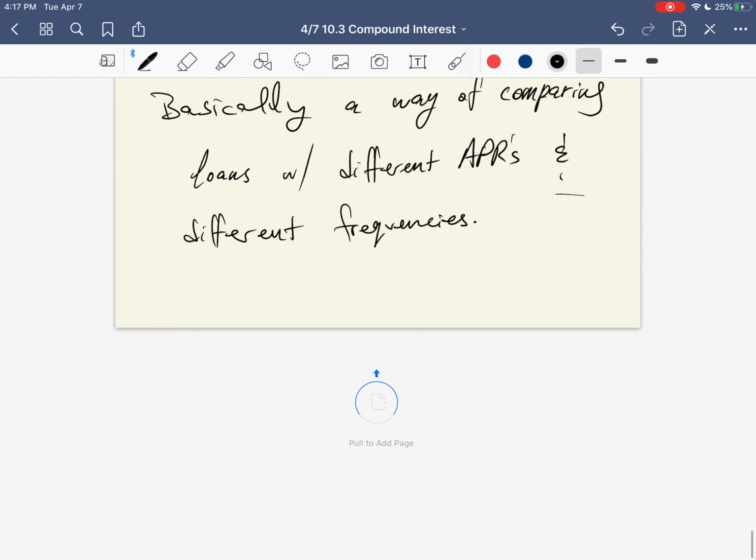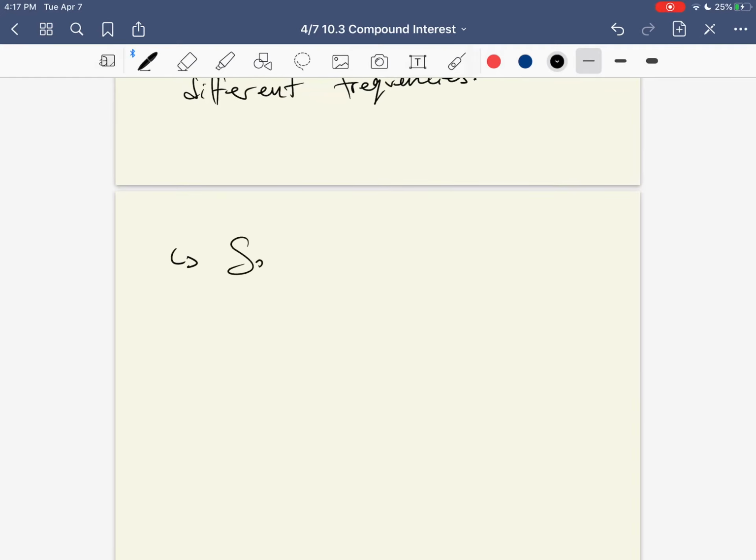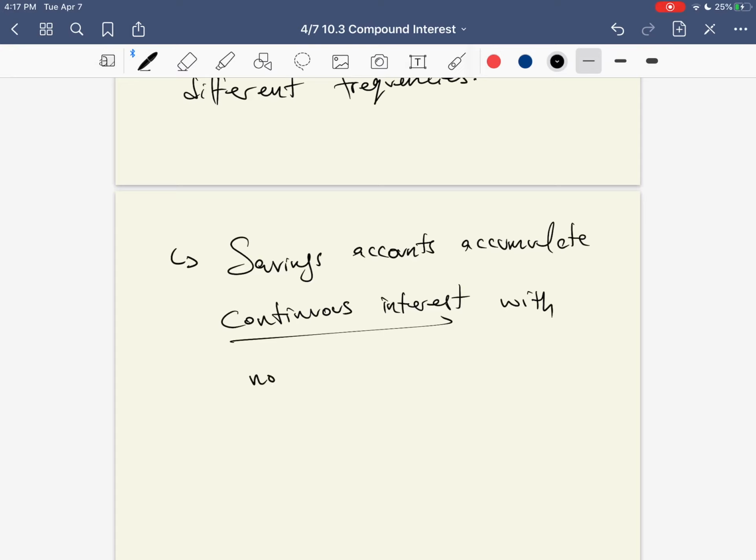So savings accounts accumulate continuous interest with no term, and you can withdraw or deposit whenever.